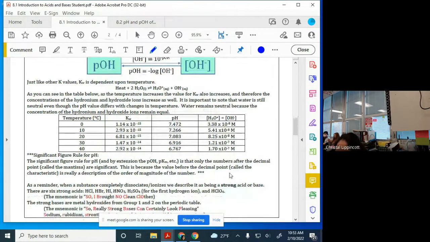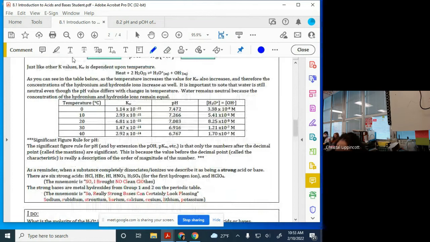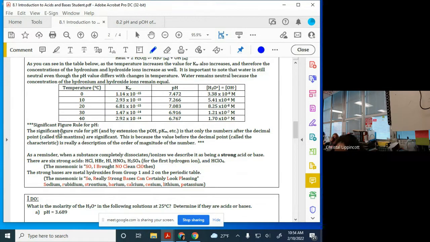There are other K values for Kw, depending on where you are as far as temperature. So as the temperature changes, degrees Celsius, you can see that the Kw and the pH of the water would change also. So if you're talking about sig figs for pH, only the numbers after the decimal point are significant.